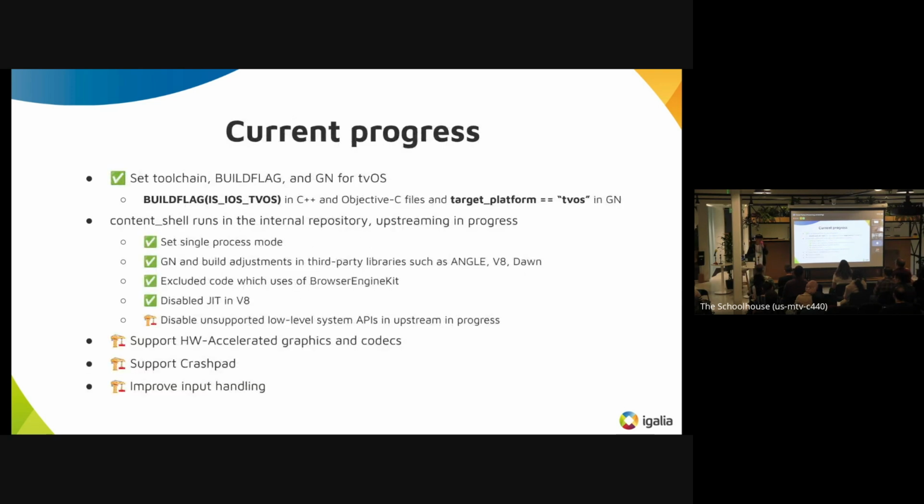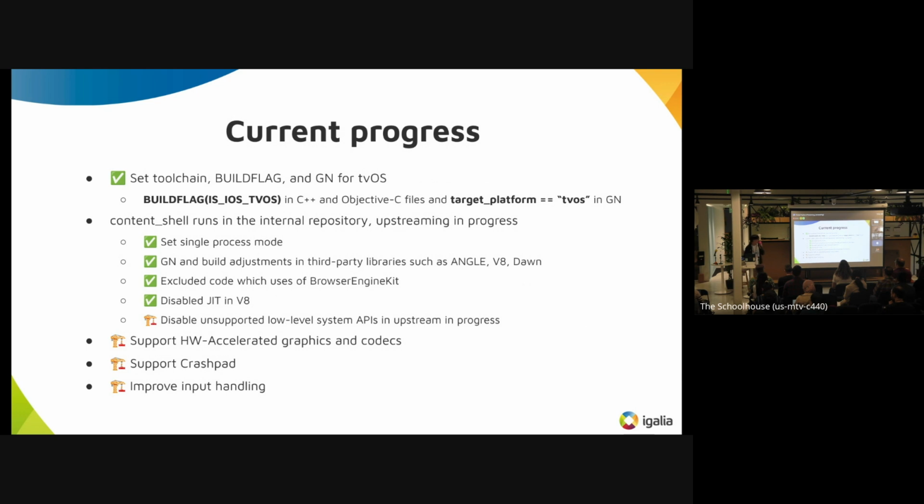Now, let me share our current progress. To launch content shell, we have made several key modifications. First, we added a new toolchain and build flag. In C++ and Objective-C files, we have used the iOS on tvOS build flag, and we also introduced a new target on the platform GN variable for GN checking. And we enabled single process mode because, as I said, multiprocess is not supported on tvOS.